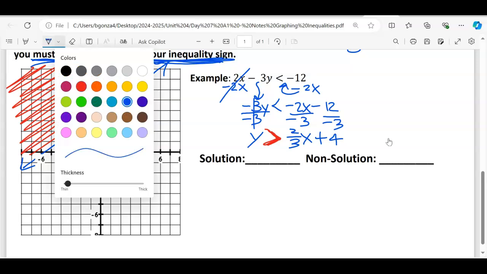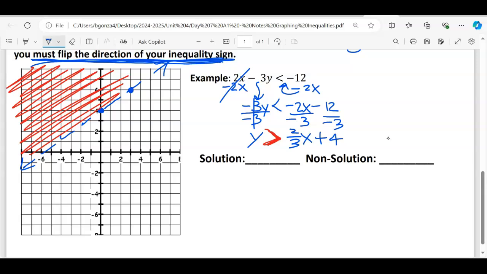Check it out. If I want a solution, it has to be in the shaded area or a solid line. Now, by the way, do y'all see I don't have a solid line? I cannot pick the point 0, 4. That's not in the shaded area. So I'm going to pick some random point over here in the shaded area, negative 3, 5.